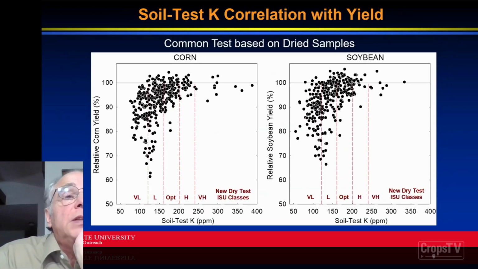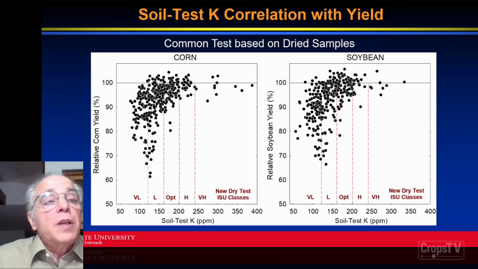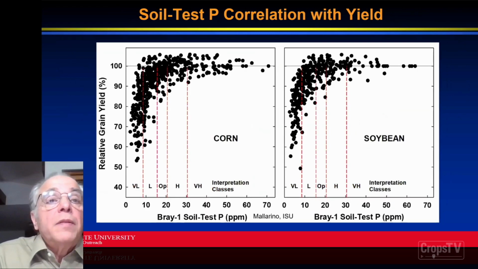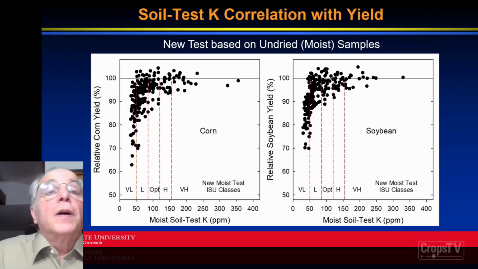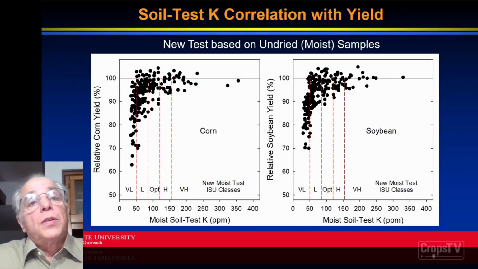For potassium, this is the data we have that supports our current interpretations for the dry test. It's about the same, you see. This is the dispersion of the points, where we get a maximum, etc. It's about the same, or maybe a little bit better than what we see with the soybean tissue test.